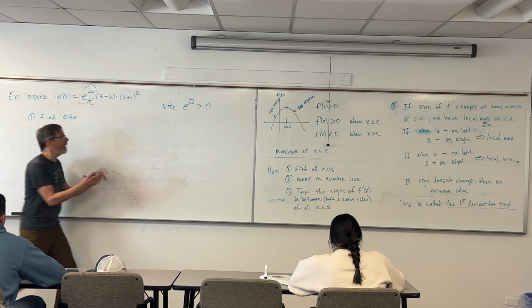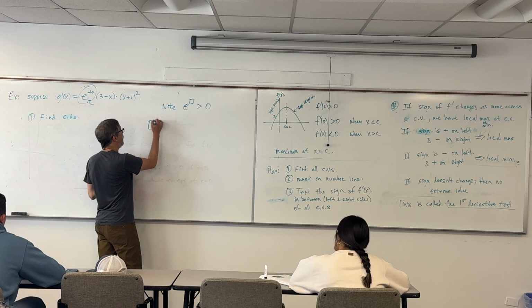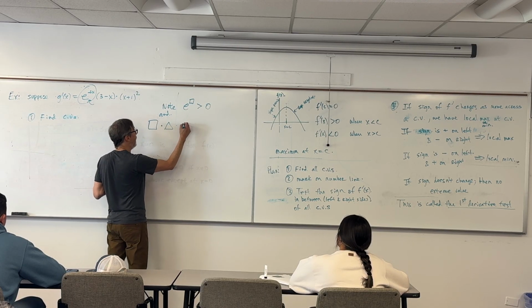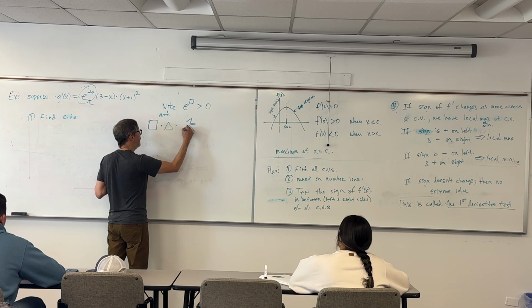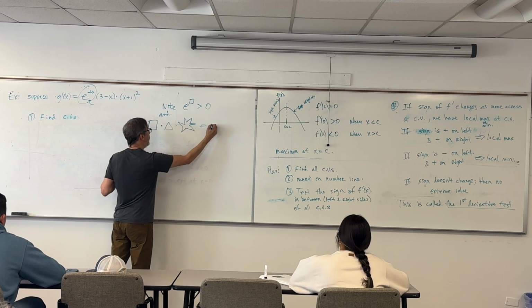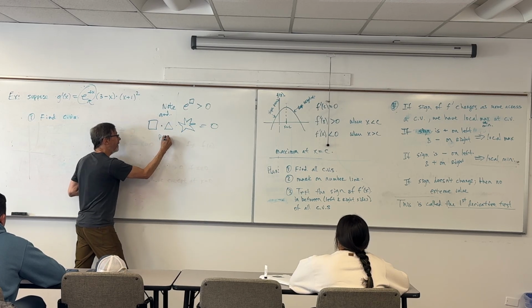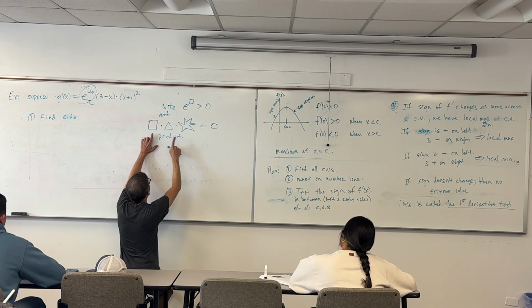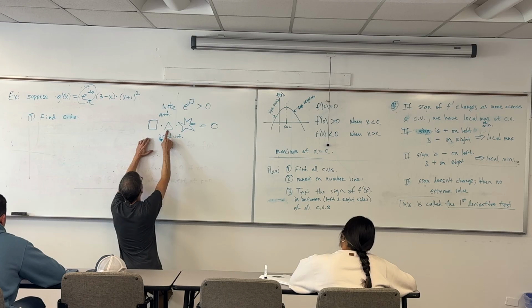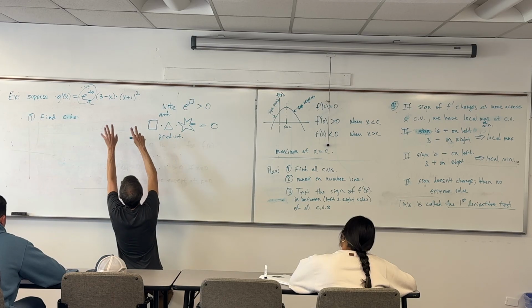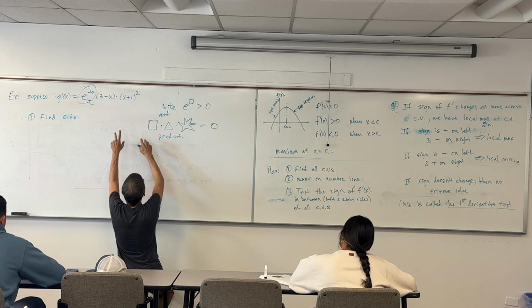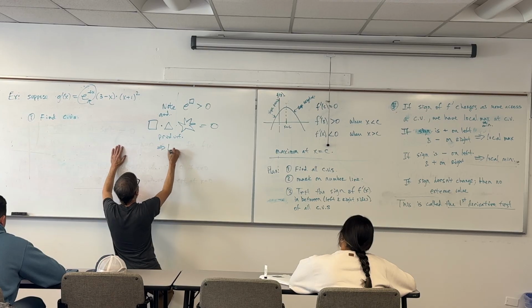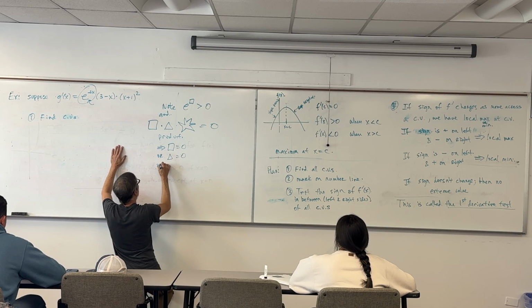But we have a product of things. So I have something times something else equals 0. I have a product. And the only way a product can be 0 is if one of the pieces is 0. So getting that thing factored up there, this means this equals 0, or this equals 0, or this equals 0.